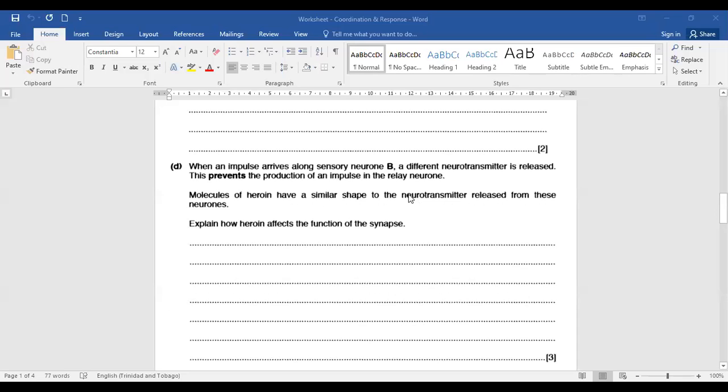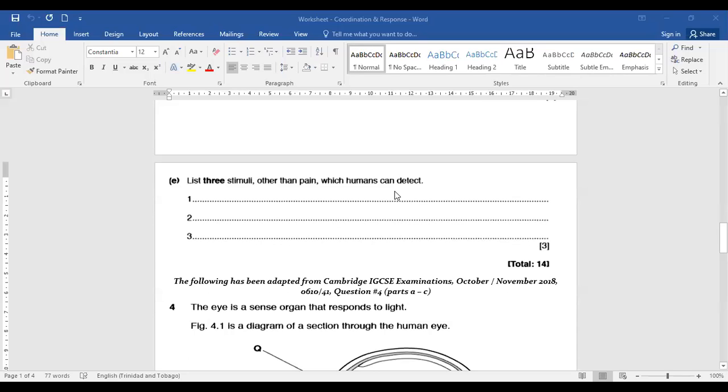Okay, so before we go on to the heroin, we'll need to go through the slides on that, right? What are 3 stimuli apart from pain that humans could detect?